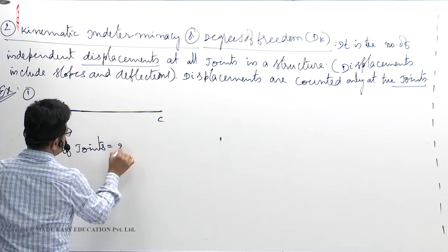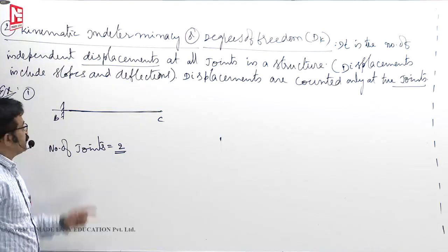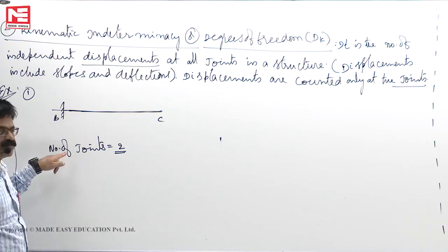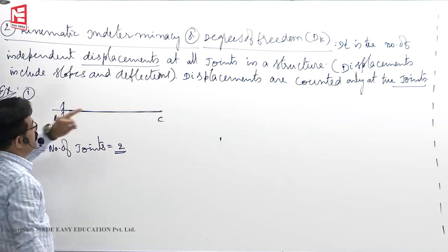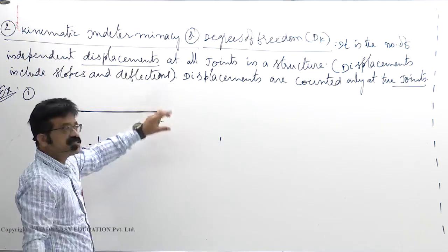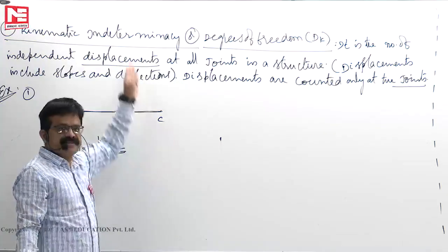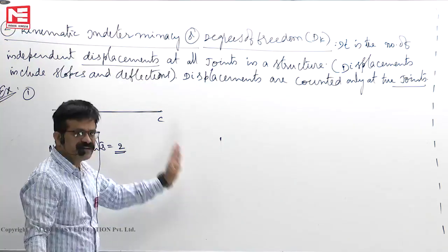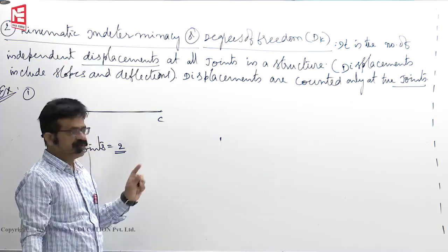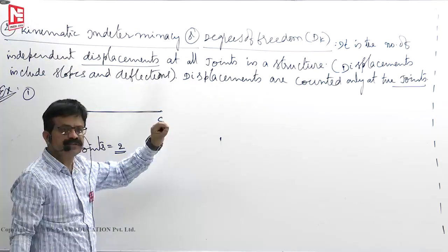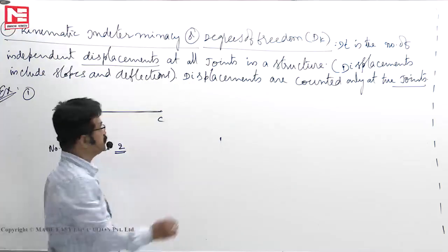Number of joints you have to count as 2, because here this member is connected to the wall. So the configuration changed. Here the cross sectional area suddenly decreases to 0. Left of C, the cross sectional area is A. Right of C, the cross sectional area is 0. Because the cross sectional area abruptly changed to 0, it is treated as a joint.